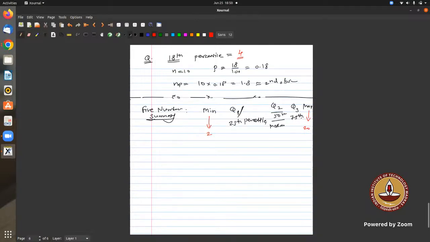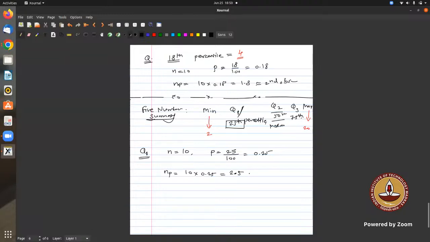So what about Q1? Q1 is the 25th percentile. How to find Q1? Here n is 10, so n into p is 10 into 0.25, which equals 2.5.